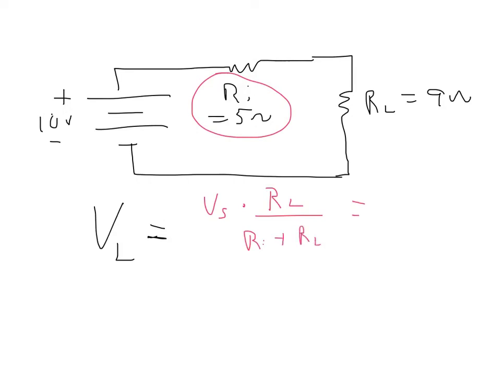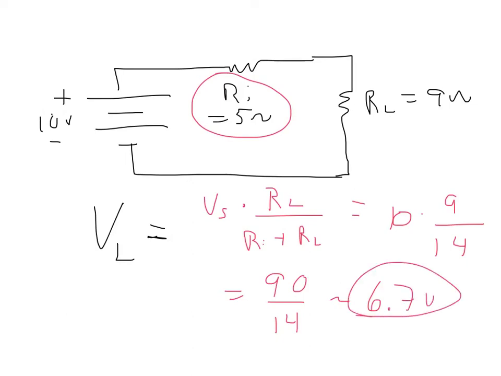That is equal to 10 times 9 divided by 14. So 90 divided by 14, that's a lot less than 9 volts now. It's about 6.7 volts or something like that.